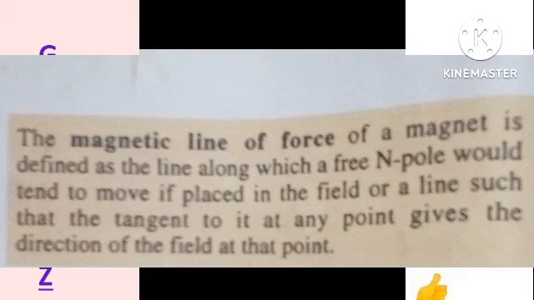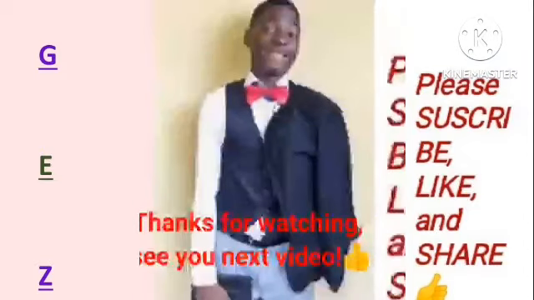So all those instantaneous paths along which it moves, when you join them together, you get the magnetic line of force. Or you can see it as a line such that the tangent to the line at any point gives the direction of the field at that point. So those are the two ways you can view it. Either way, it depends on your understanding.